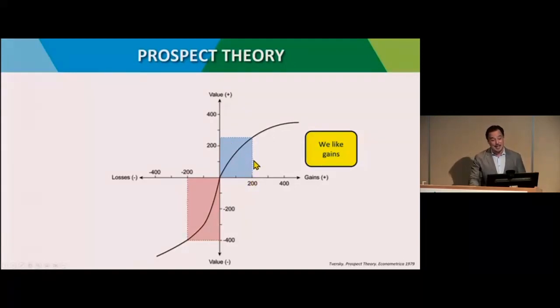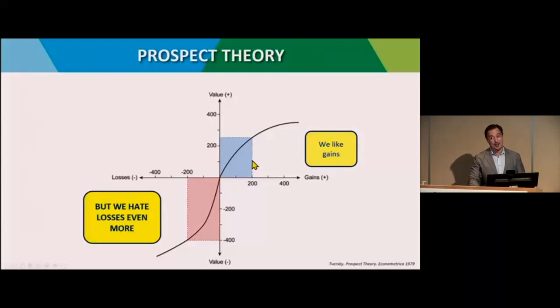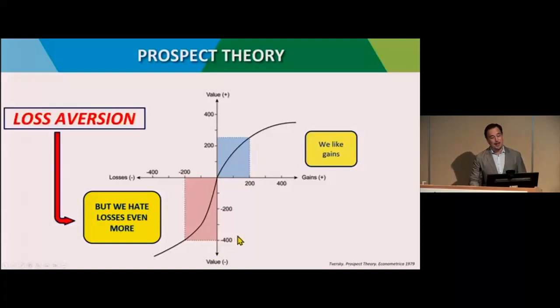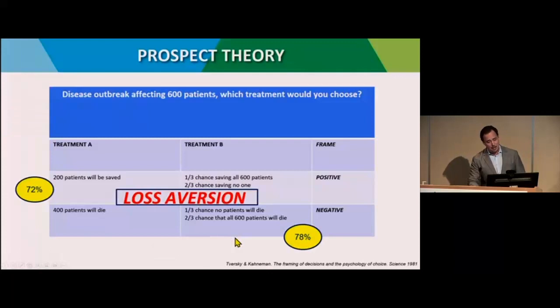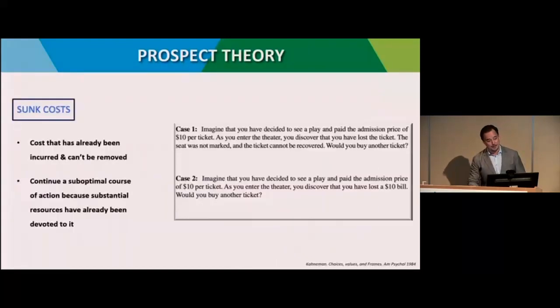But as much as we like gains, we hate losses even more. So if you lose 200, you see that the relative value feels like 400. And that's a good way of describing loss aversion. And this is also a good way of looking at this chart. We wanted to avoid those losses of life. And that skewed the way that most people see those numbers.